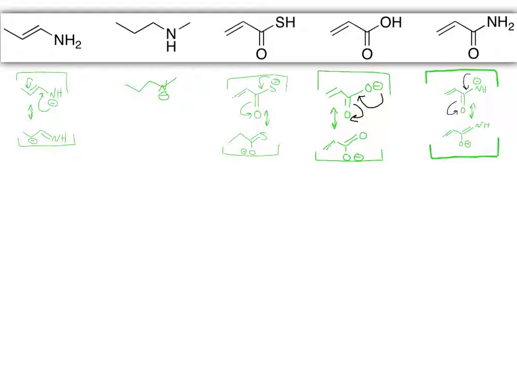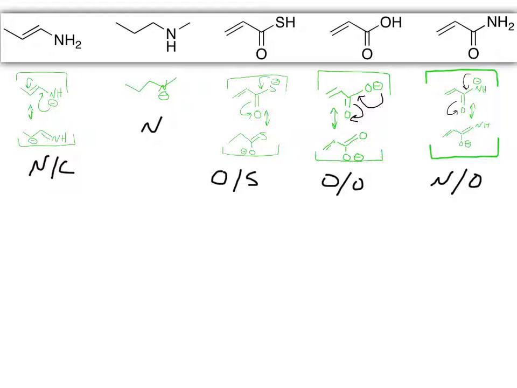So over here on this one, I've got nitrogen and a carbon, just nitrogen here. I've got oxygen and sulfur here, oxygen and oxygen here, and nitrogen and oxygen here.